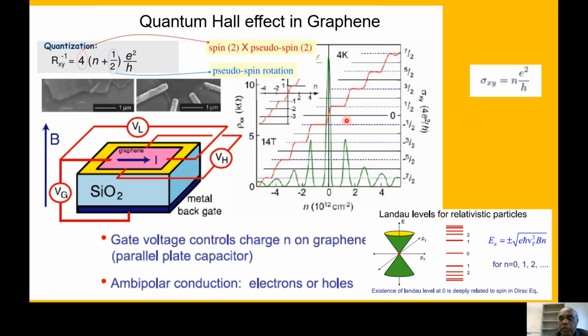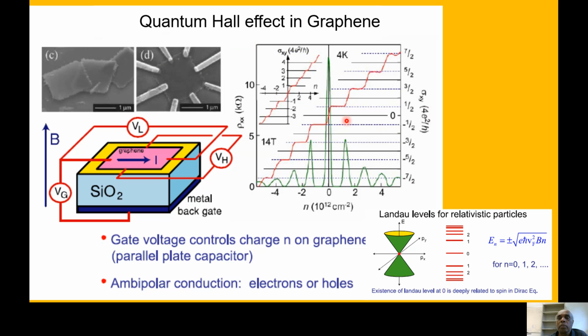Another thing to remember is if you take bilayers, if you take 2 layers of graphene, and do the same experiment at high magnetic field and change your charge density, now you will see, in the same unit of 4 e squared over h, 1, 2, 3. This bilayer means now you don't have the effect coming from that pseudo spin rotation. They cancel each other.